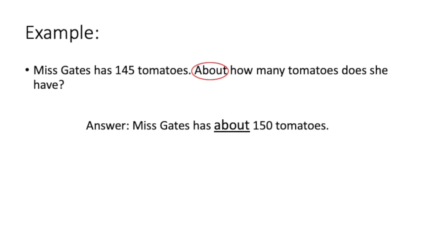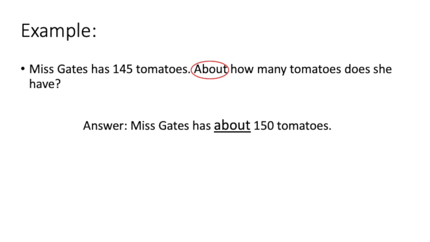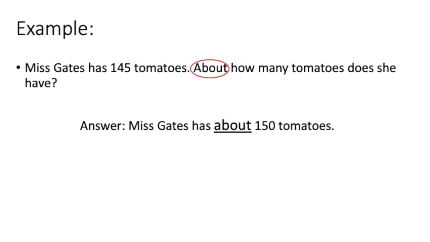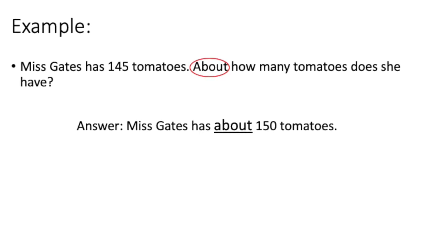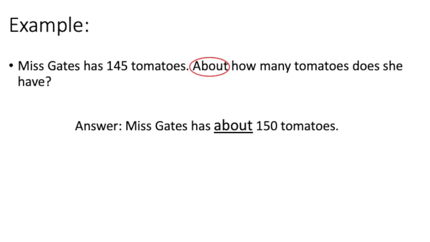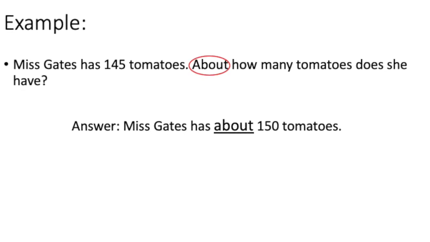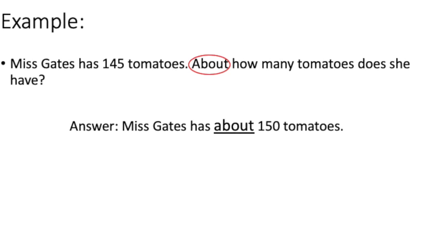I want you to pay very close attention to how I answered this problem. I didn't say Miss Gates has 150 tomatoes because that's not true. I brought the about back just so my reader knows that I am answering in an estimate and not in an exact amount. So, again, I would say Miss Gates has about 150 tomatoes.